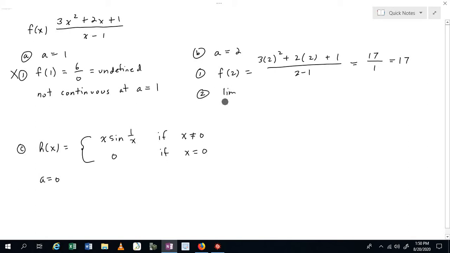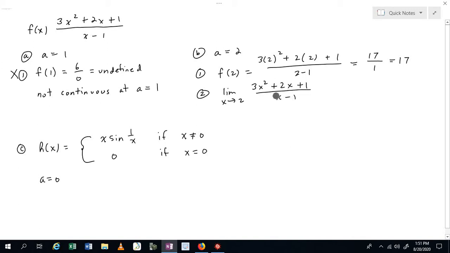Then we have to check the limit of the function as x approaches 2 and make sure that it exists. There are various ways of calculating limits. You could create a table or you could look at the graph.